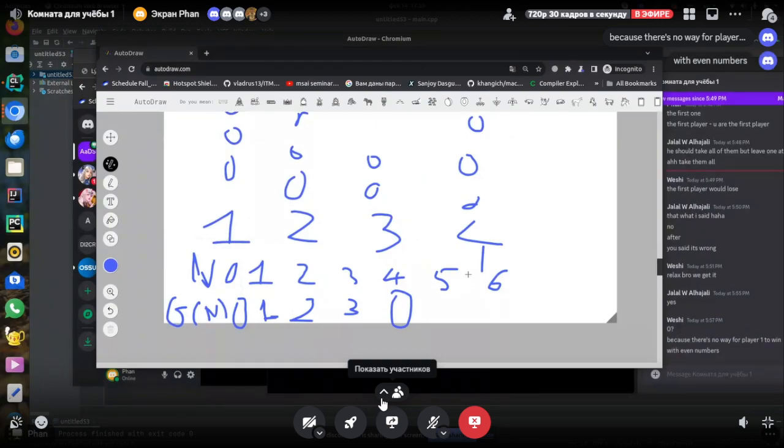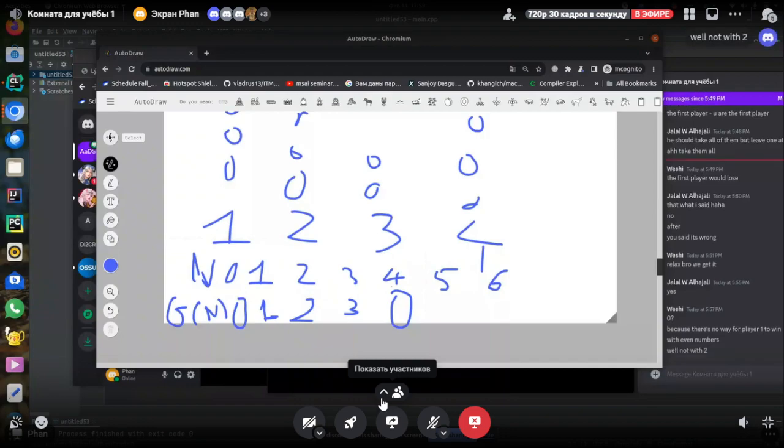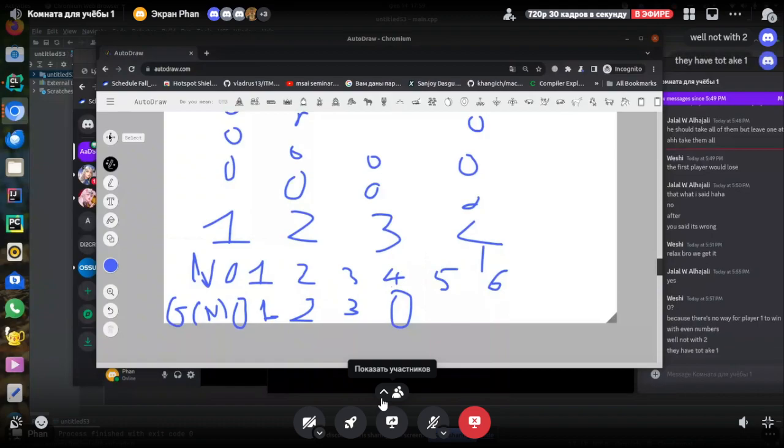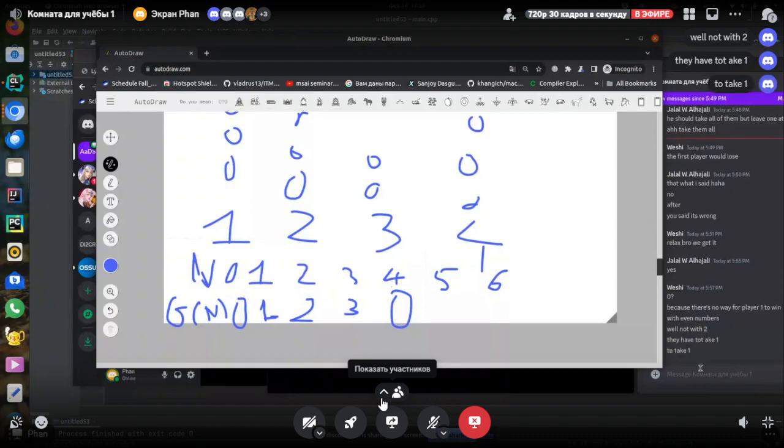Actually, the Grundy number is because of, you said, even numbers. Because there's no way for player one to win with an even number.